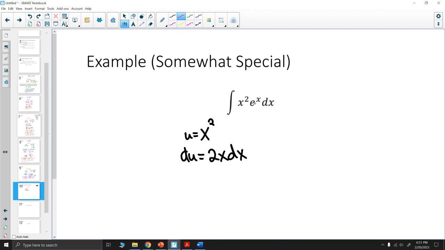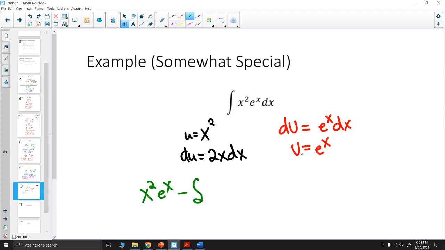Now we are going to choose our dv to be e to the x dx. So that means that v is e to the x. Nice and simple there. Okay, so our formula is uv, so x squared e to the x, minus the integral of v, e to the x, times du, 2x dx.